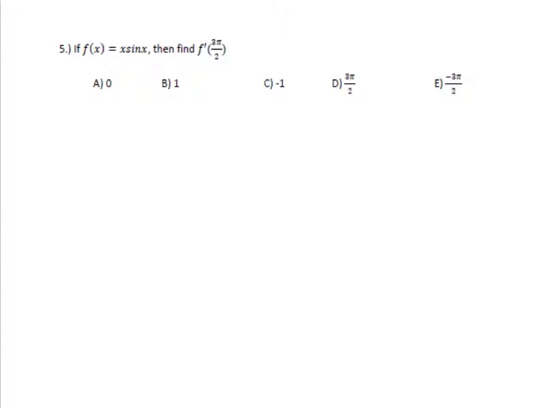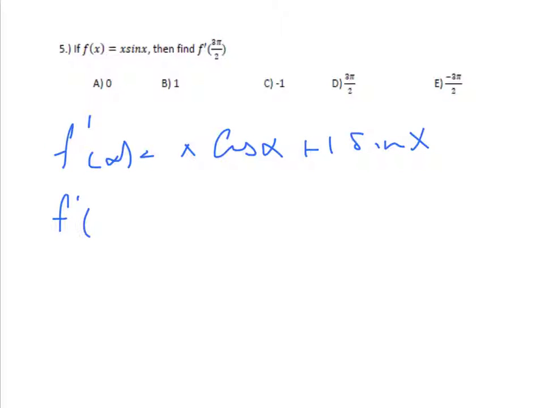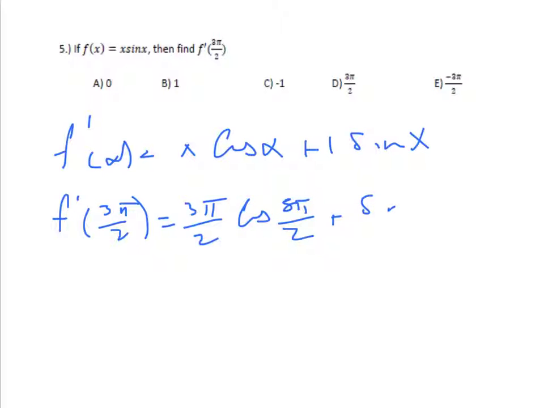Number 5, we have a product rule. So f prime of x is equal to x cosine of x plus 1 sine of x. We want the derivative at 3 pi over 2. So we have 3 pi over 2 cosine of 3 pi over 2 plus sine of 3 pi over 2.